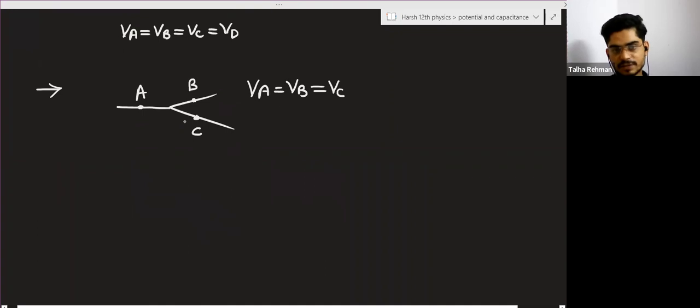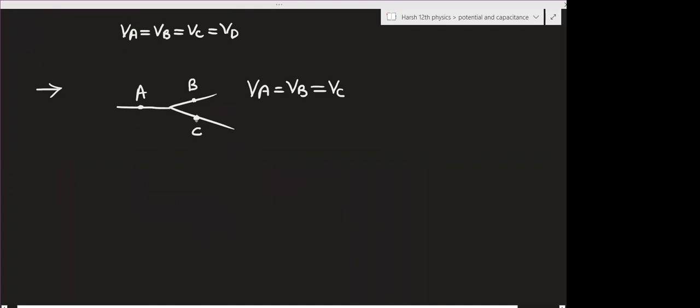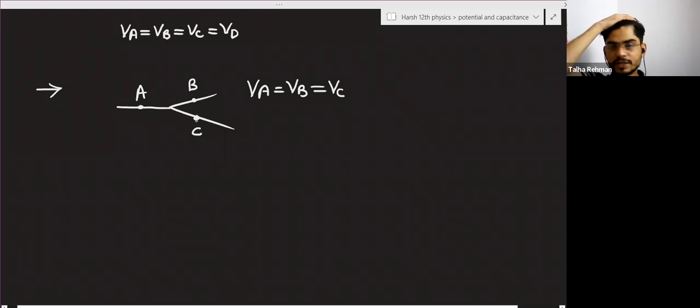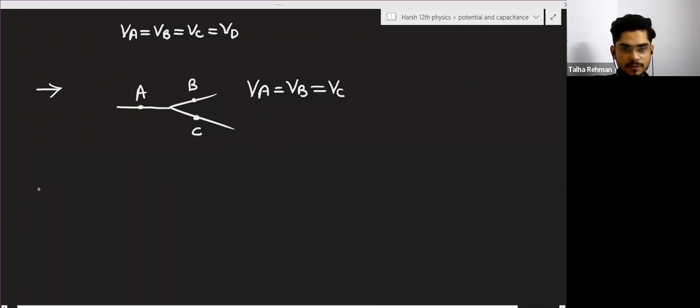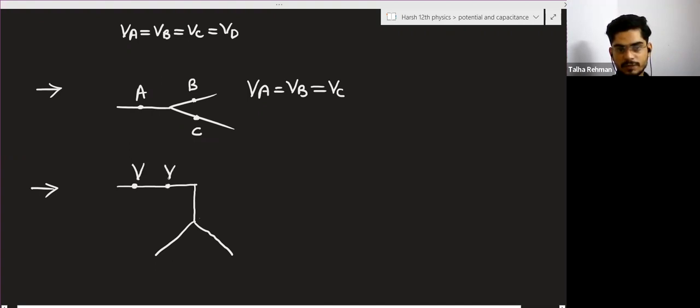Because these are wires, and wires are conductors, and we know that the surface of a conductor is equipotential. So if the potential here is VB, here the potential will also be VB, equal potential.